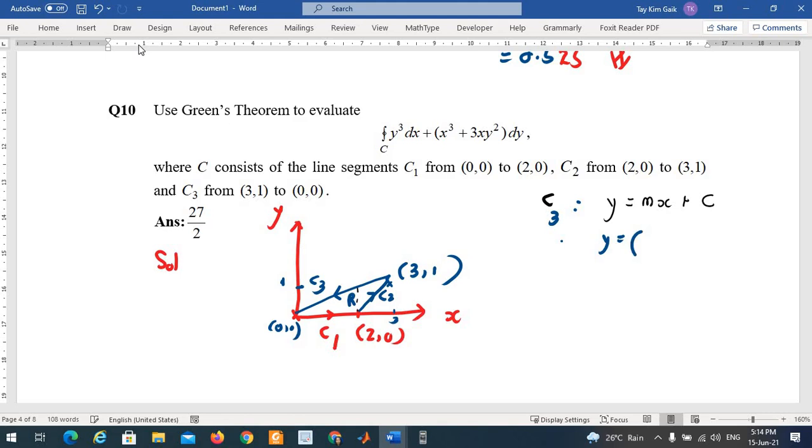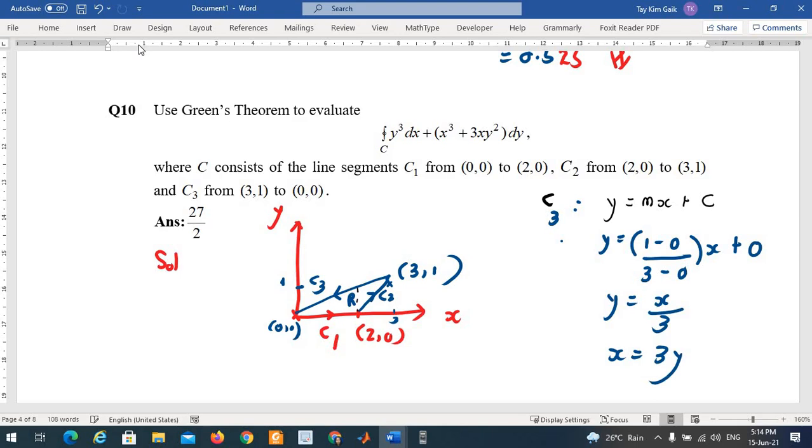To find the m, it takes 1 minus 0, y2 minus y1, over x2 minus x1, which is 3 minus 0. So c is 0. That's why for y you have x over 3, or x equal 3y.